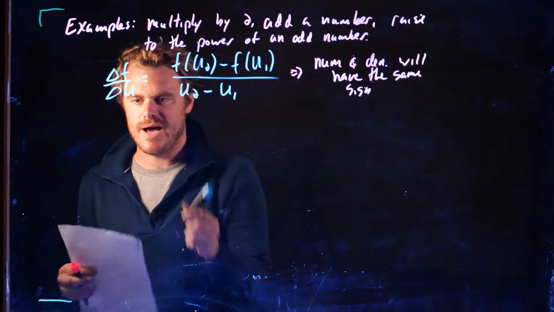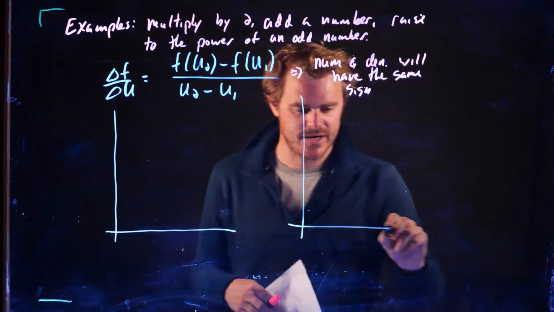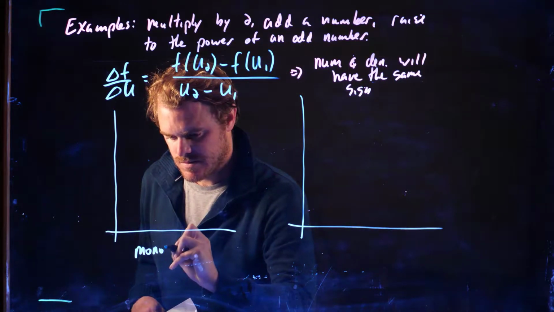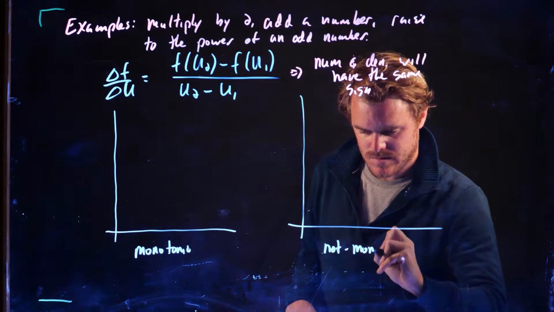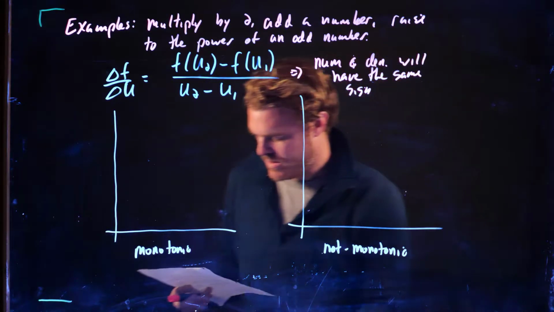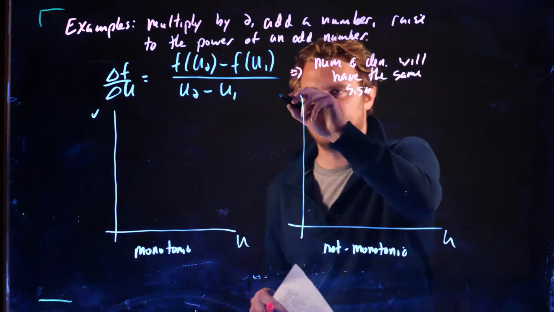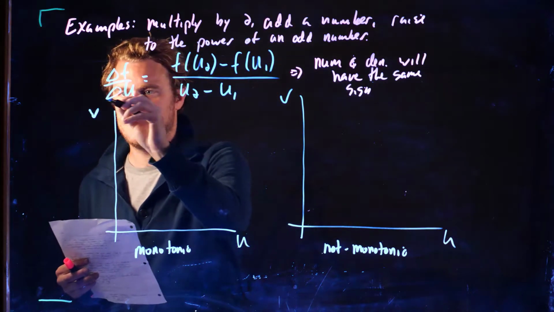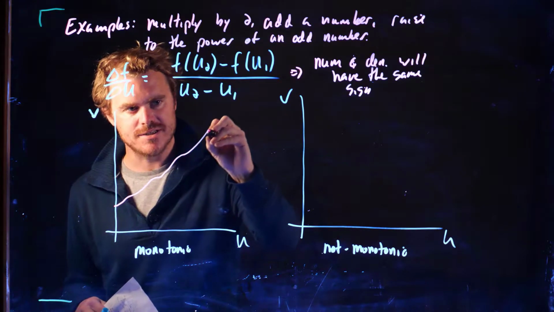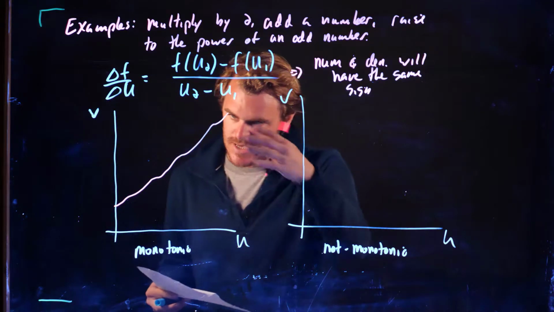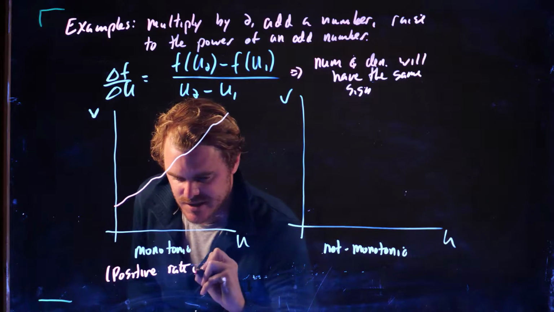If you want to visualize these monotonic functions, you can do one monotonic and one not. Let's put this function v up here, and u down here, where v is going to be like f of u. If it's monotonic, it always has a positive slope, so it has a positive rate of change.